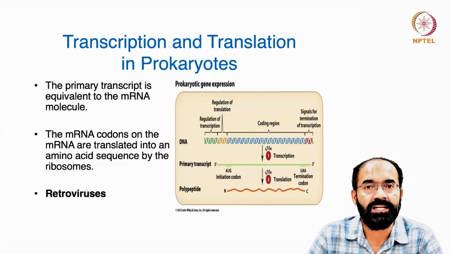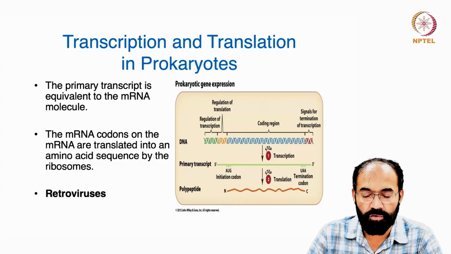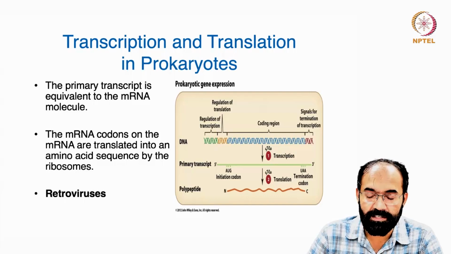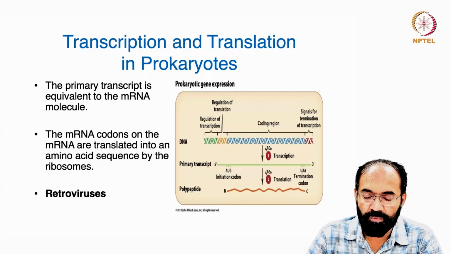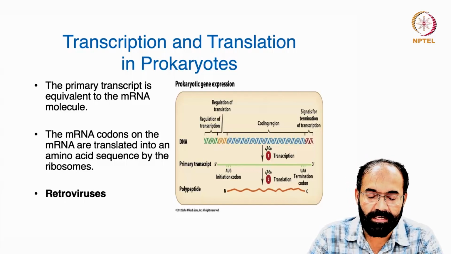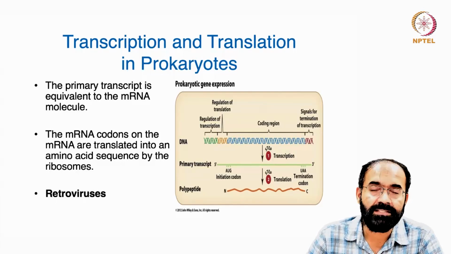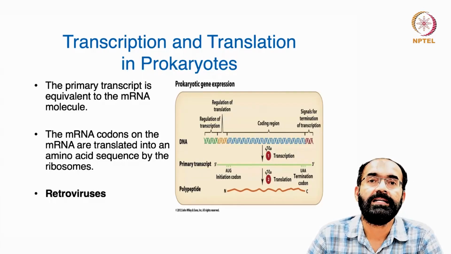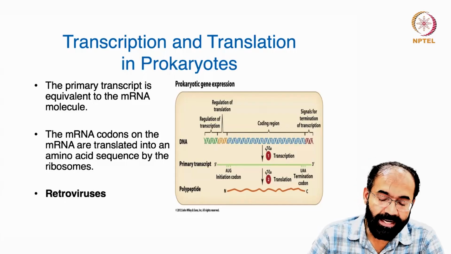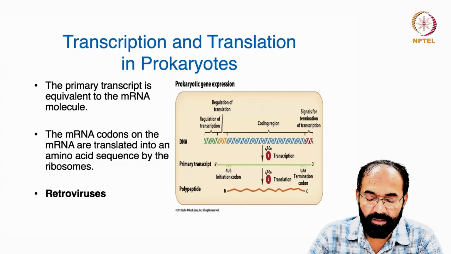So what do we understand? There should be a signal for where to start the transcription, what area is to be transcribed, and where to stop. The first step of transcription in prokaryotes such as bacteria is the production of a primary transcript. And since bacterial genes are less complex, you end up getting a straightforward functional mRNA.